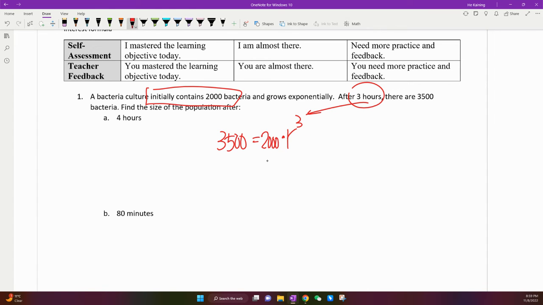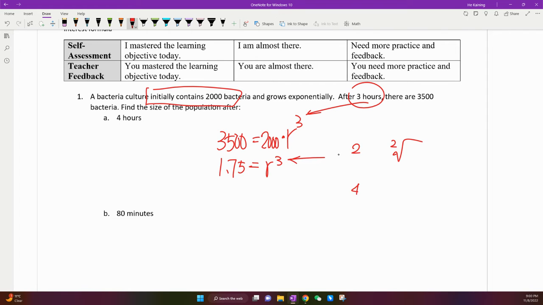Now, by doing an inverse calculation, we can find that r cubed is equal to 3,500 divided by 2,000, which is 1.75. And how do you do the inverse of a cube? Normally, when I have a square, I do a square root, because the 2 is hidden every single time.